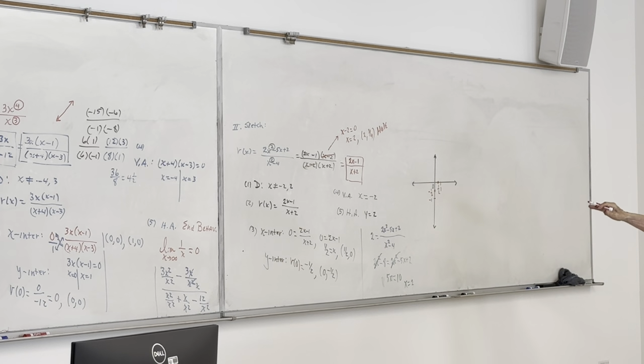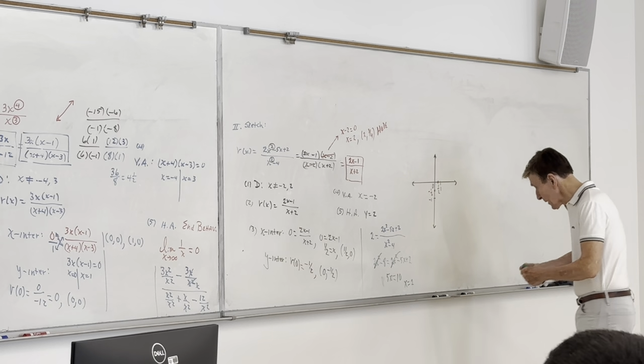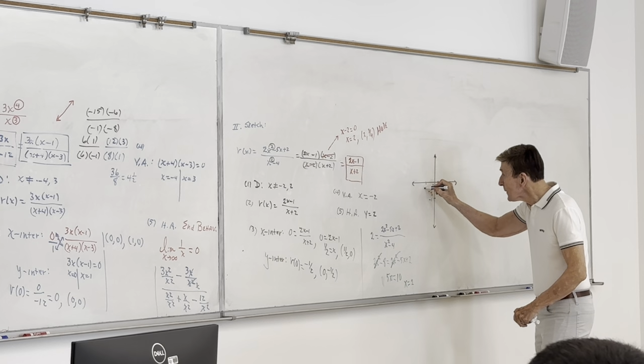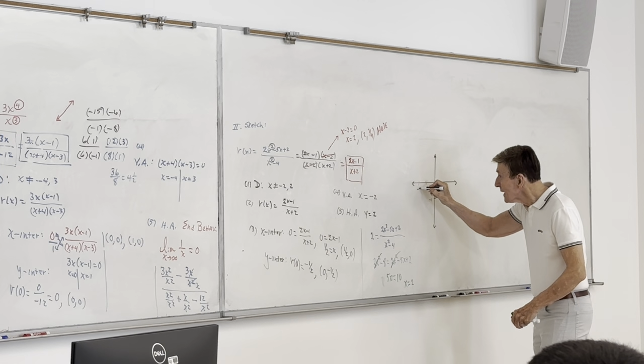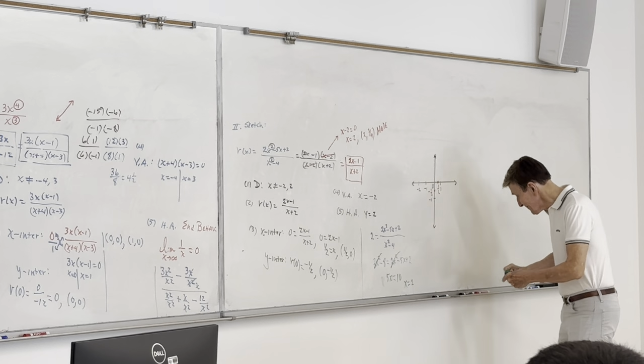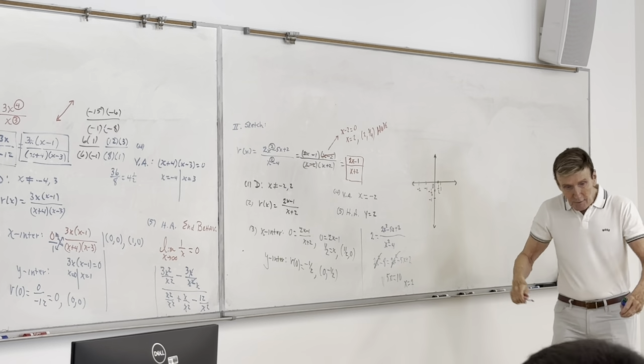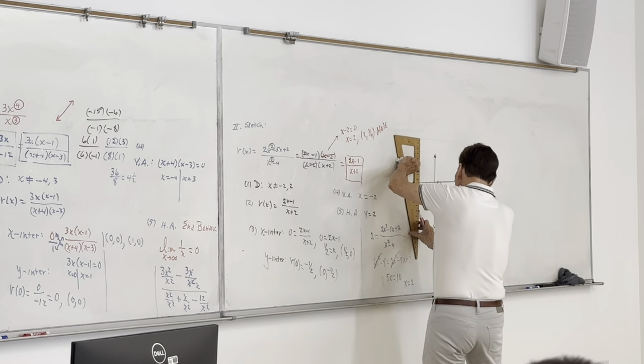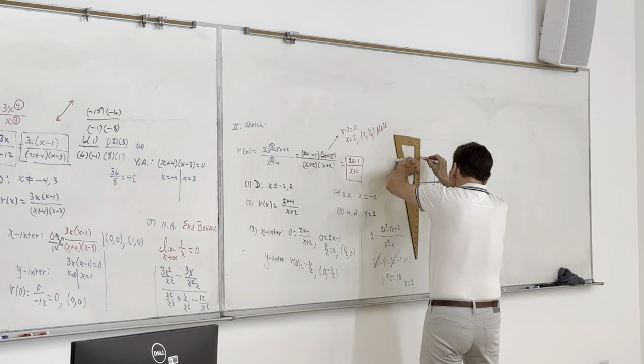Number 3 and number 4. Vertical asymptote: we're thinking there's one at -2, so we go out to -2 and place the vertical. I'll use red for the vertical. Something like this.